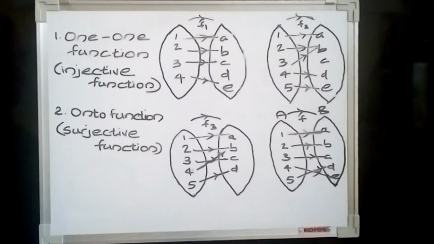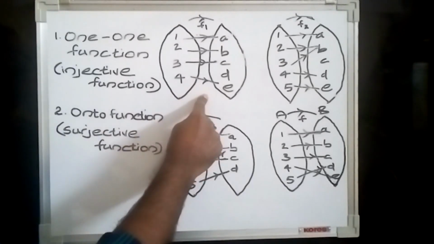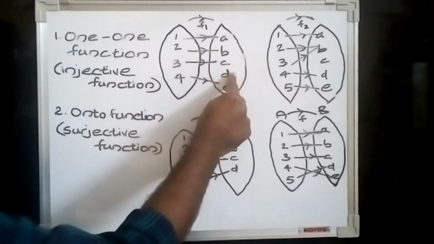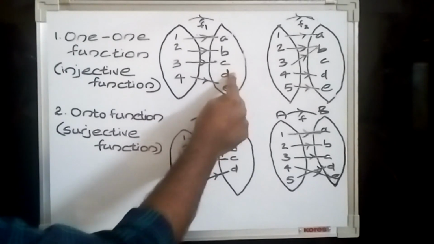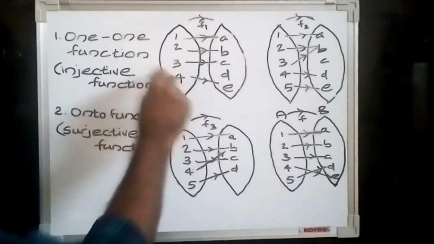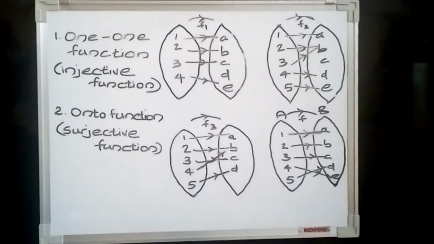The next one is an onto function, or surjective function. f1 is not an onto function because the element d in the second set has no pre-image in the first set.